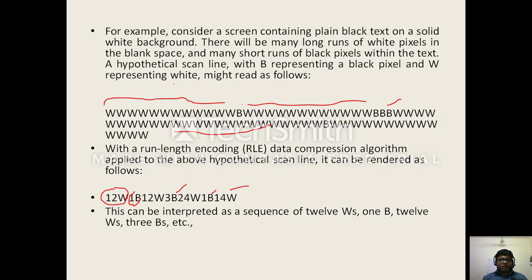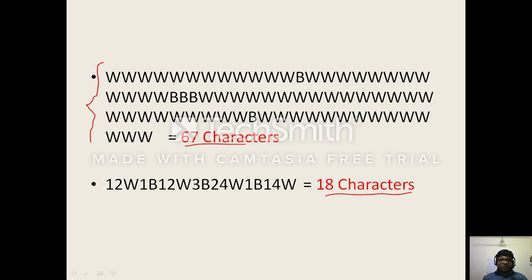A hypothetical scan line with B representing the black pixel and W representing the white might read as follows. With the run length encoding data compression algorithm applied to the hypothetical scan line, it can be rendered as follows. This can be interpreted as a sequence of 12 W's, 1 B, 12 W's, 3 B's, etc. And obviously we have a very good compression ratio. 67 characters is going to be compressed into 18 characters.